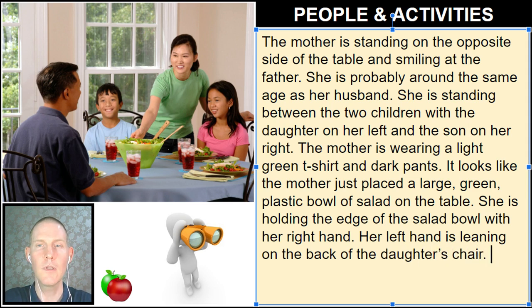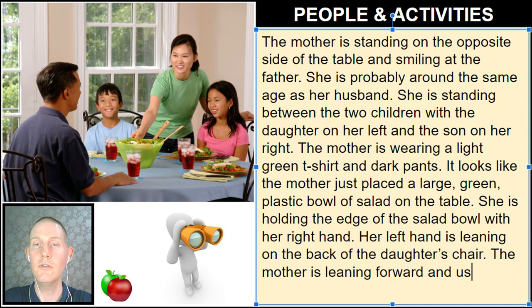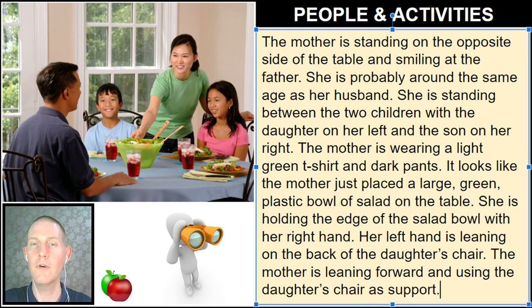We could say the mother is leaning forward and using the daughter's chair as support, right? If she leans too far forward, she's going to be off balance. And the whole time, she's smiling. Leah Huda says hello. Hello, hello.